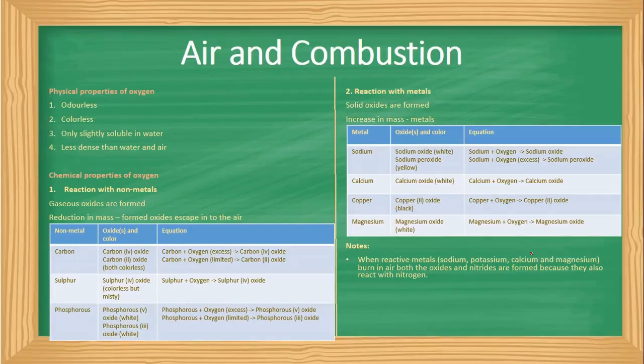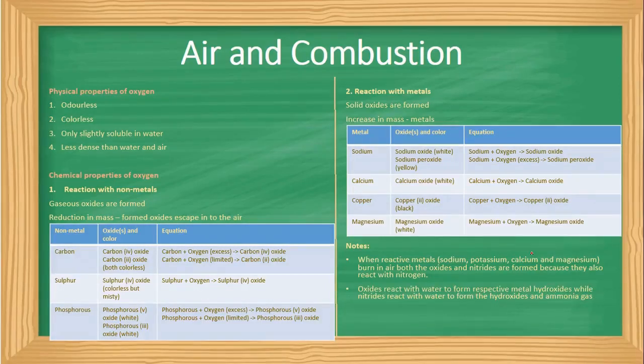So there will be a lot of reactivity, and therefore both oxygen and nitrogen will react with the metals. Once the metals react with oxygen, they form oxides, and once they react with nitrogen, they form nitrides. That's why whenever they react with air, nitrides and oxides are formed.